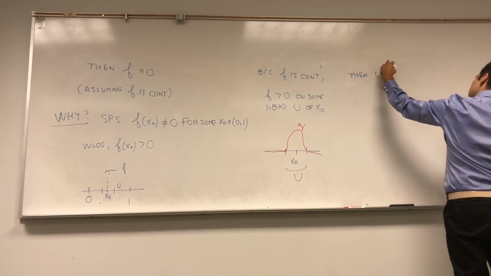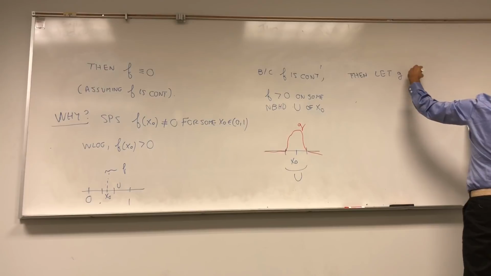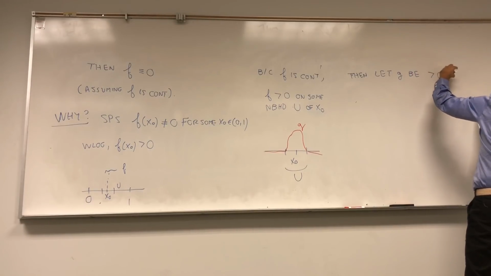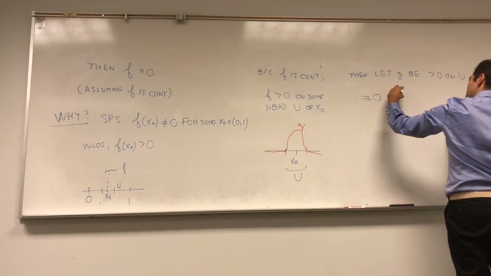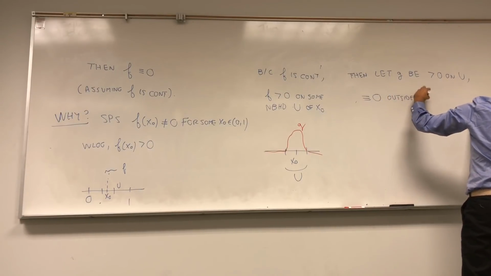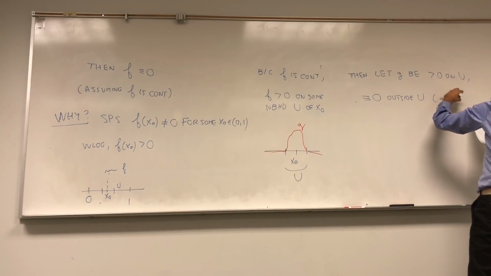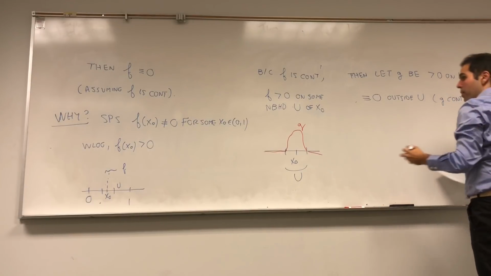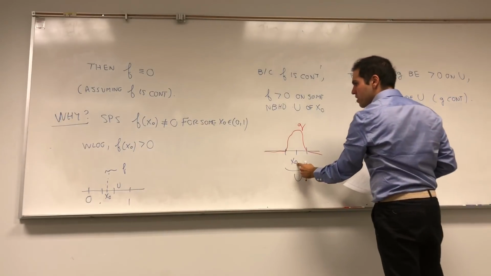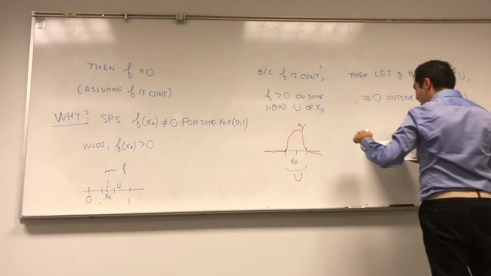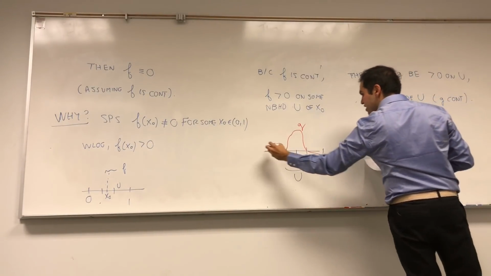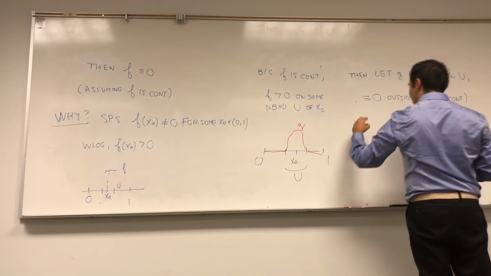Let g be positive on U, and 0 outside U, and g is continuous. In particular, because x naught is inside the interval (0, 1), g has to be 0 at the endpoints 0 and 1.